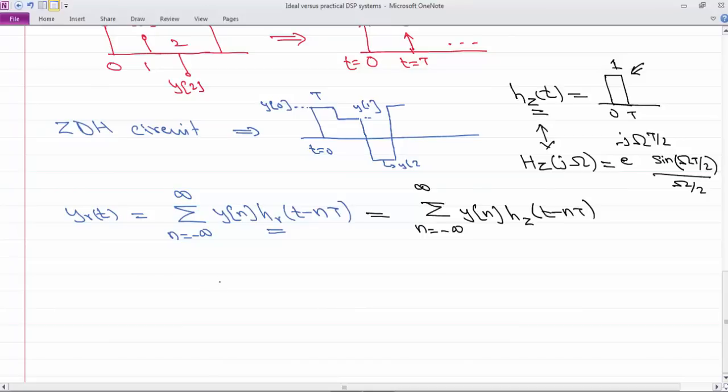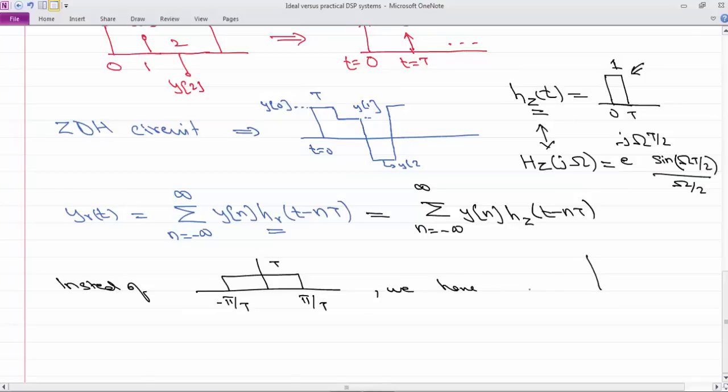But now, instead of the ideal reconstruction filter, which goes from minus pi by T to pi by T with height T, you are actually looking at a reconstruction filter whose magnitude plot, hz of j omega absolute value, looks like this. It's still sort of like a low pass filter, but it's not a perfect low pass filter.